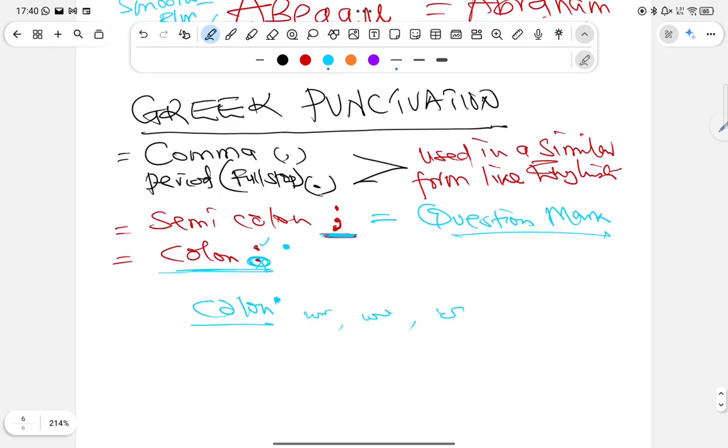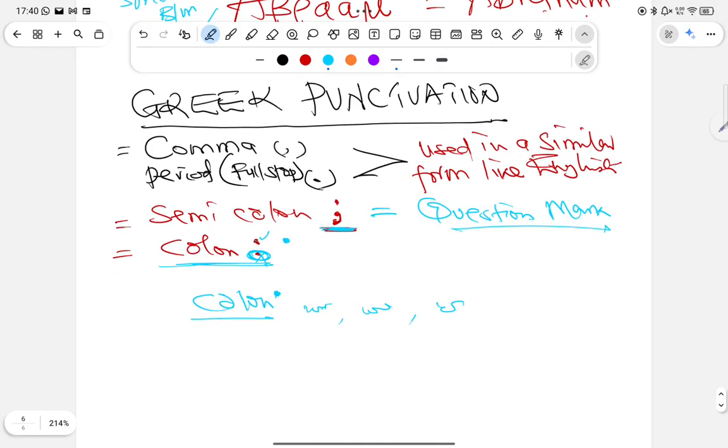So far, as far as punctuation is concerned, we have 4 Greek punctuations: the comma, used like it is used in English, the period or full stop, used like it is used in English, then the semicolon in English, which for Greek represents its use as a question mark.